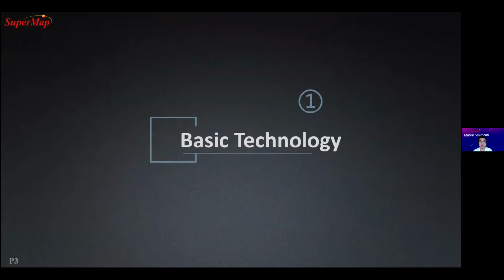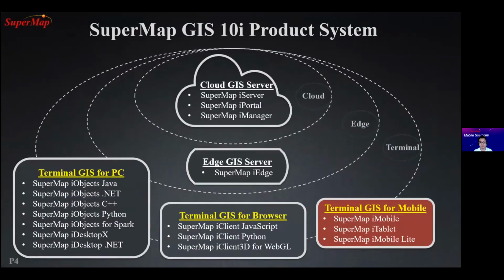So the first part, some basic technologies. This is the architecture of our SuperMap product. You can see we have three terminal products, but today we will mainly focus on the mobile terminal.